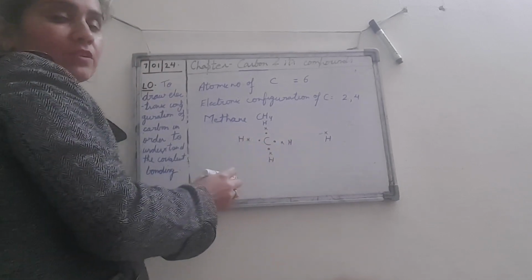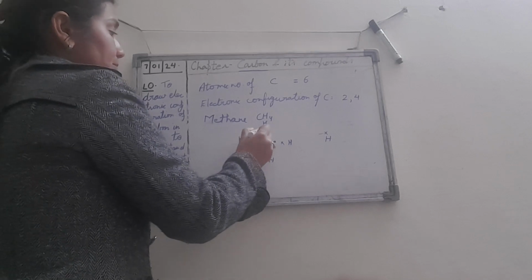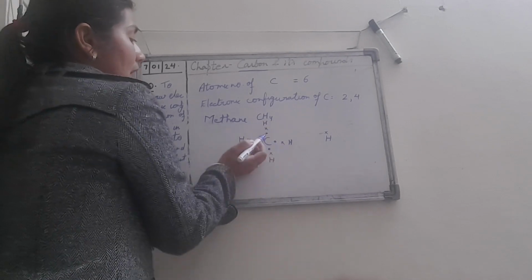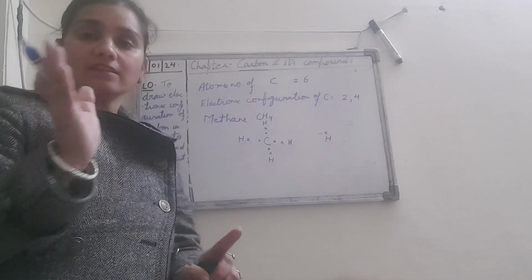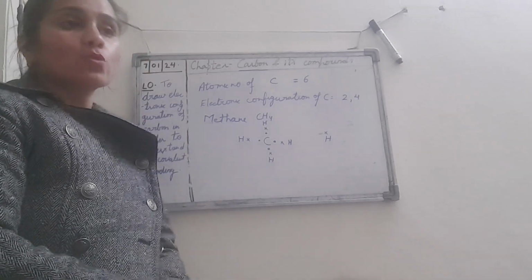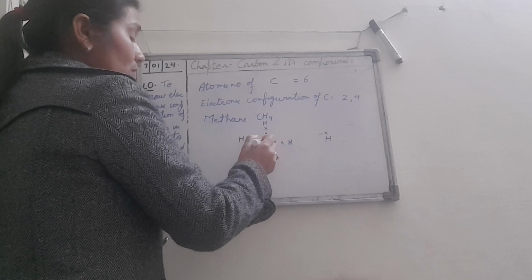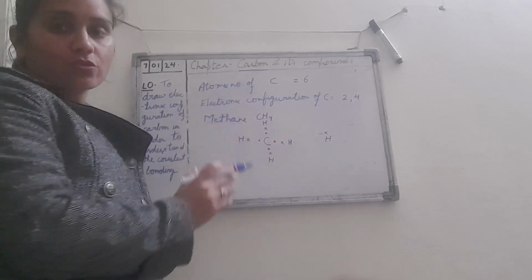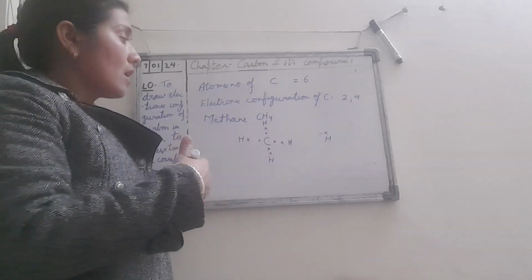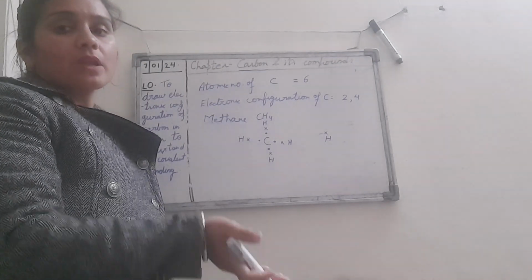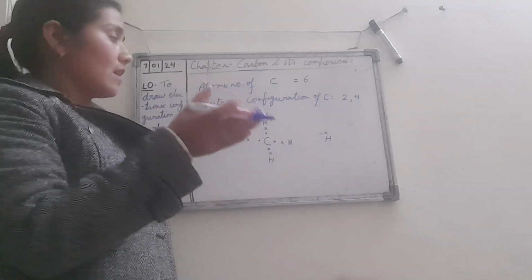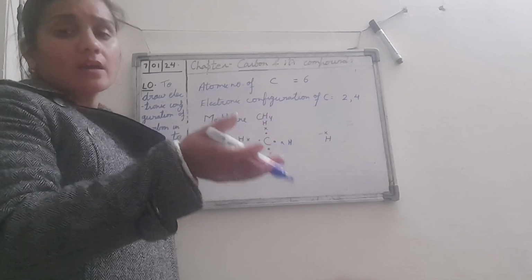So now what we will observe, that carbon will, as we have discussed, carbon can neither gain electron nor lose electron. So carbon will share the electrons with the other atoms of the elements, or with the atoms of the same carbon.